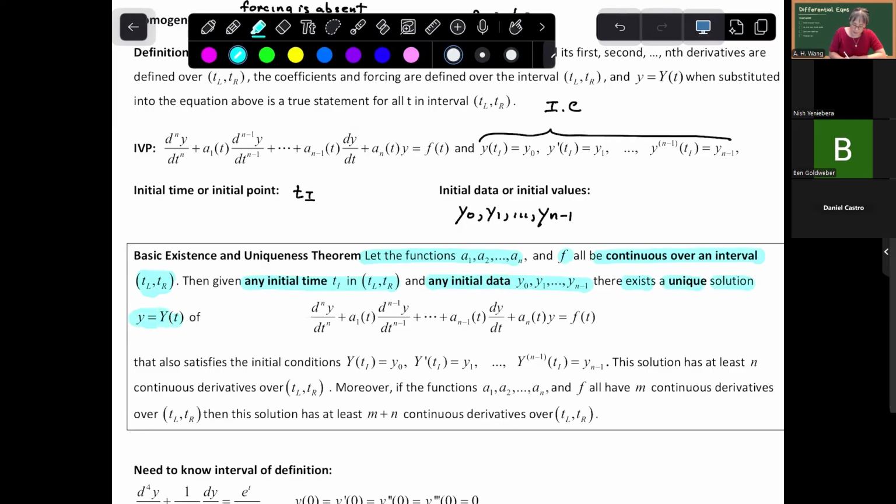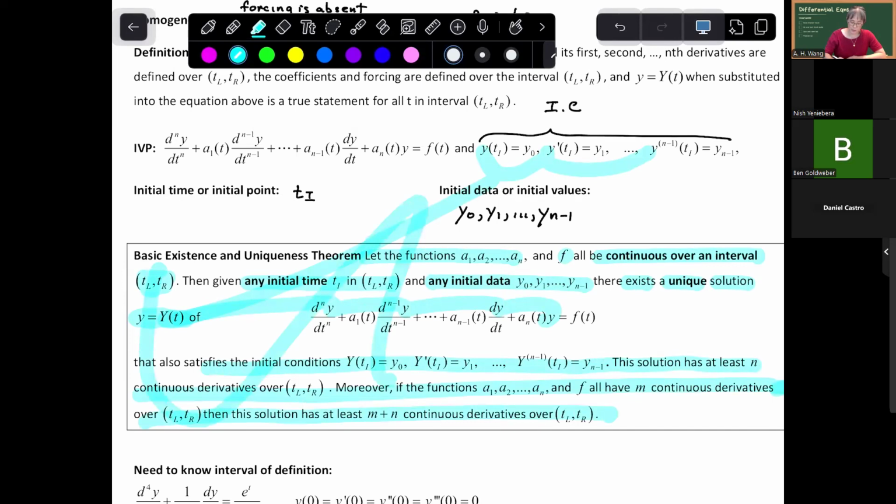If you sub it in for the y's, you get a true statement, and it satisfies the initial conditions. This solution has n continuous derivatives over that interval. And if the coefficients and forcing all have m continuous derivatives, then the solution will have at least m plus n continuous derivatives.